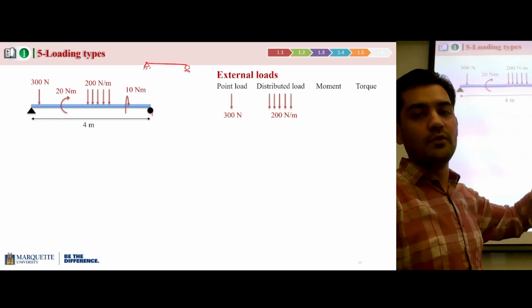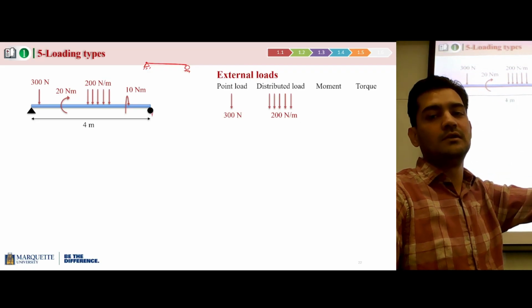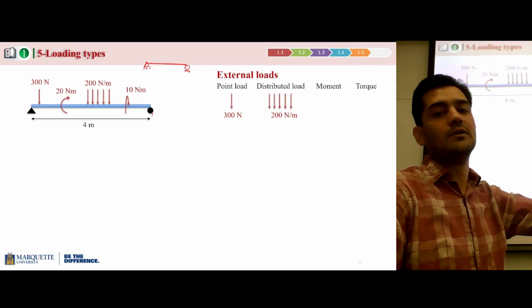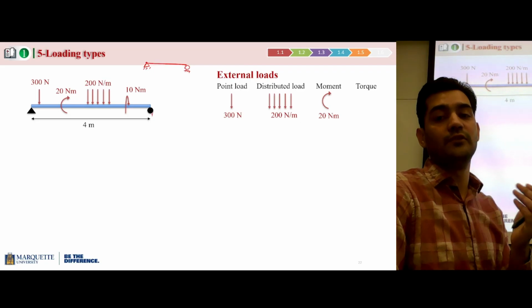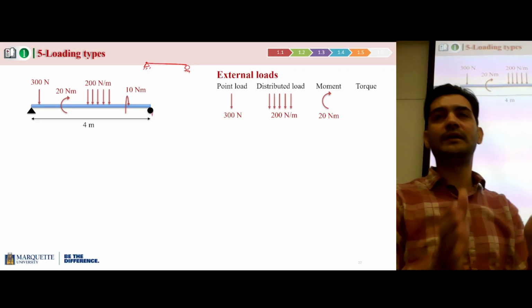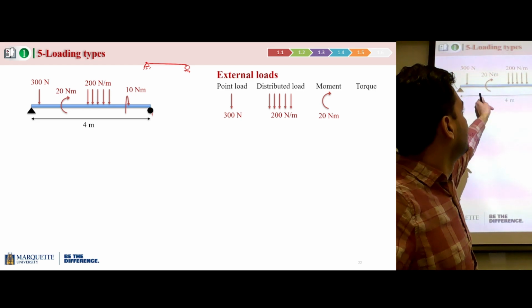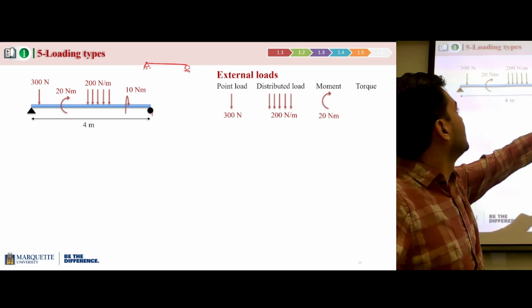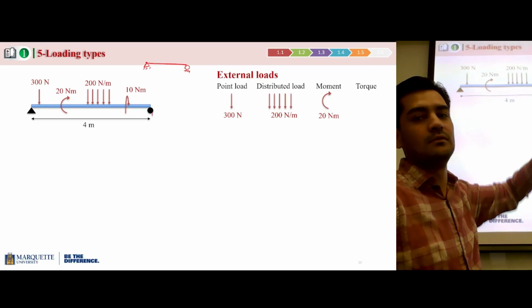And then there's another type of load, which is moment, and moment is Newton meter. In this example, 20 Newton meter is a moment, and moment is a load that causes bending.